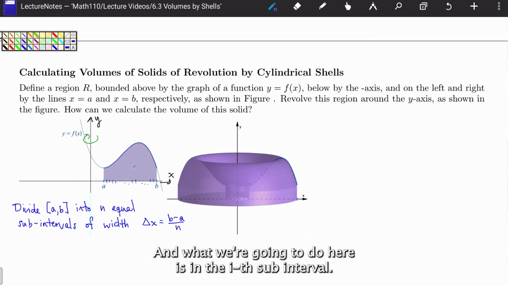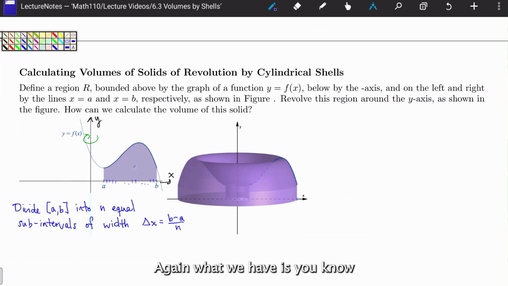Here a is labeled x sub 0, and then there's x sub 1, x sub 2, and so on, up to b, which is x sub n.